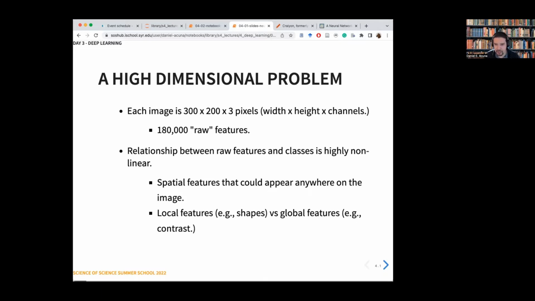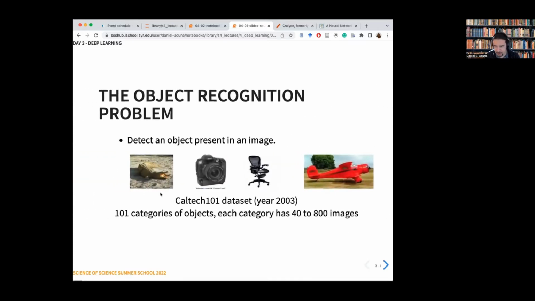The reason is that images have very complex spatial features, local and global features as well. So to describe, let's say, a crocodile's mouth, I know it has a more specific name than mouth, you need to describe a set of pixels and the arrangement of those pixels with respect to each other. So it's not just a matter of seeing one pixel and the color of that pixel. You have to look at interactions between them.